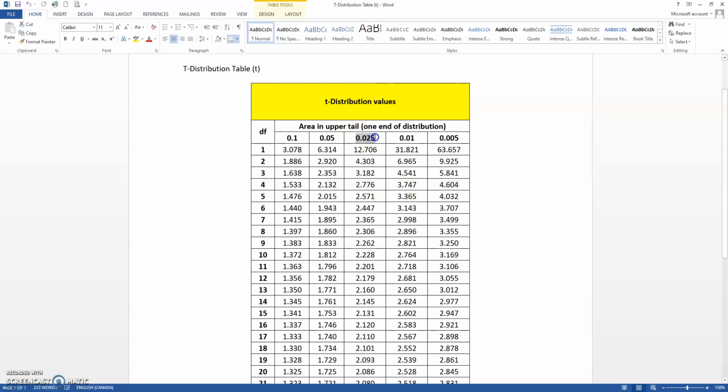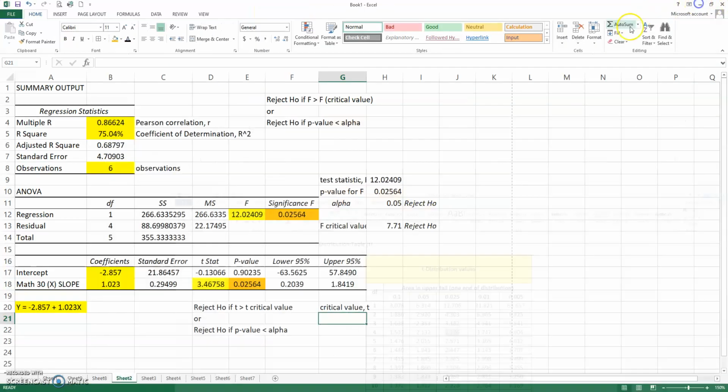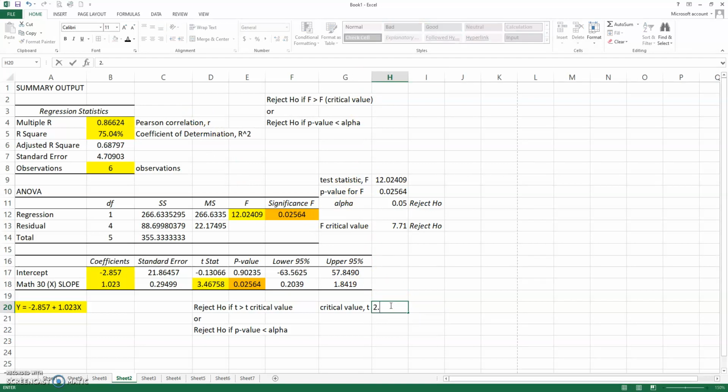And because it's a two-tailed test in essence for the t-test process, we are going to be using 2.776 for our critical value. So comparing the test statistic 3.46 to 2.776, we are going to reject the null hypotheses.